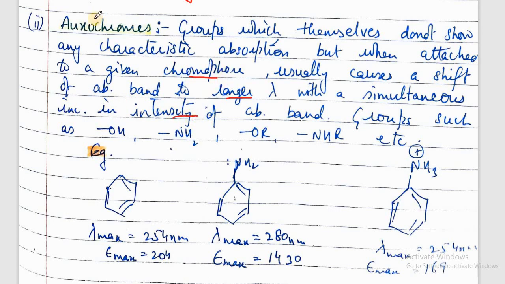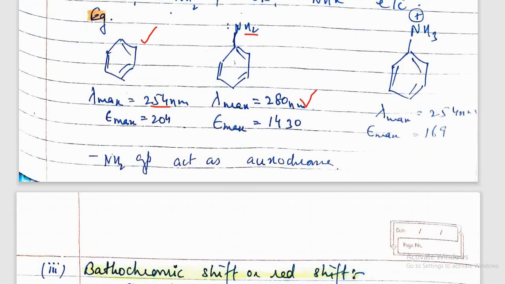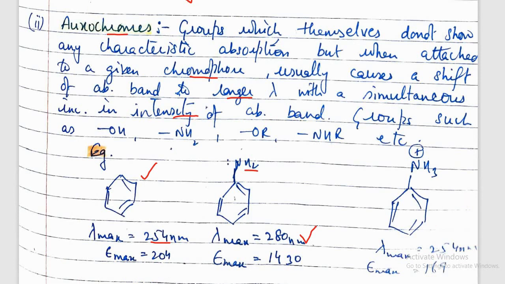Example, benzene absorbs at 254 nanometers, but when an NH2 group is present, absorption takes place at 280 nanometers. So this group acts as an auxochrome. It deepens the effect, and the absorption now takes place at 280 nanometers. So NH2 is an auxochrome.